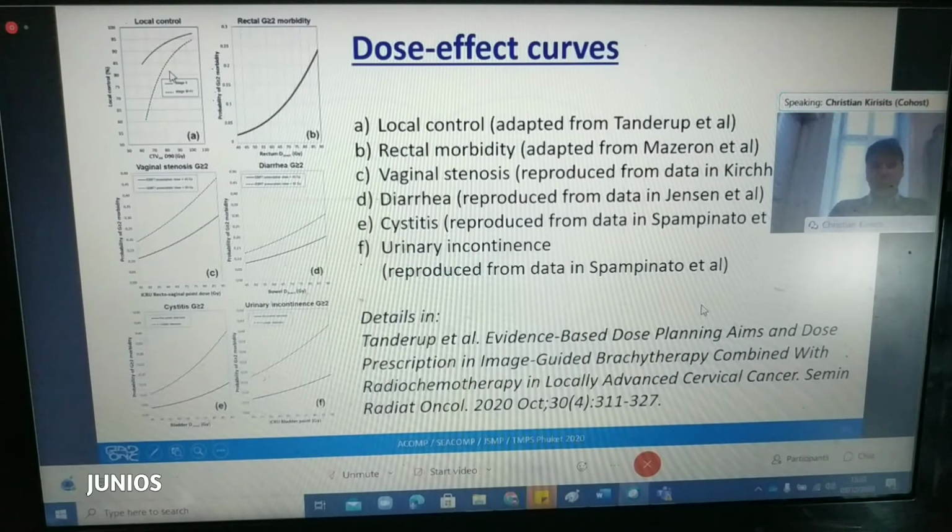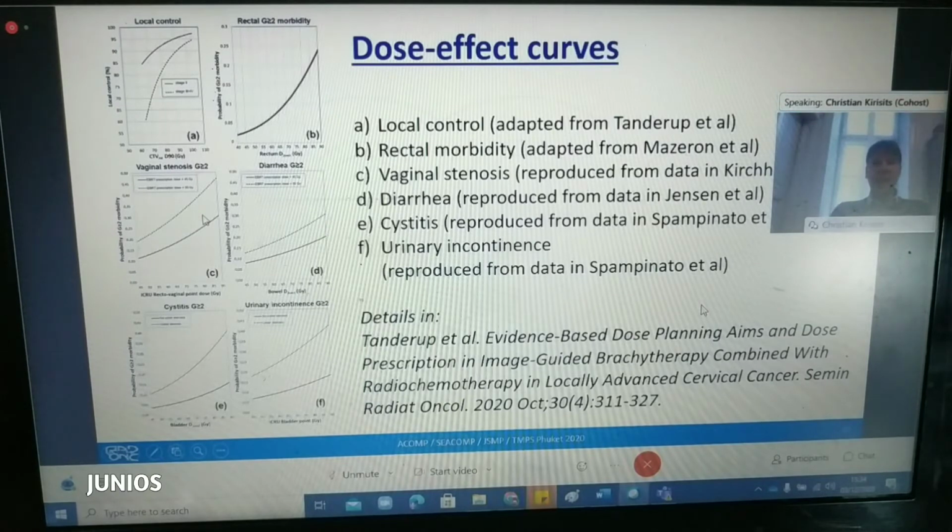But for already preliminary and also some mature EMBRACE data, we have rectal morbidity. So you can see here D2cc versus rectal G2, 3, and 4 morbidity with a clear trend of higher doses producing more side effects. We also have here the recto-vaginal point correlated with vaginal stenosis, also a dose effect curve.